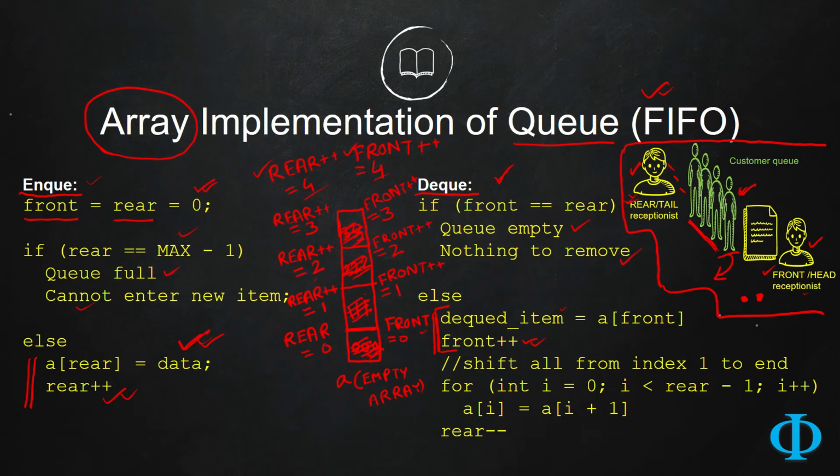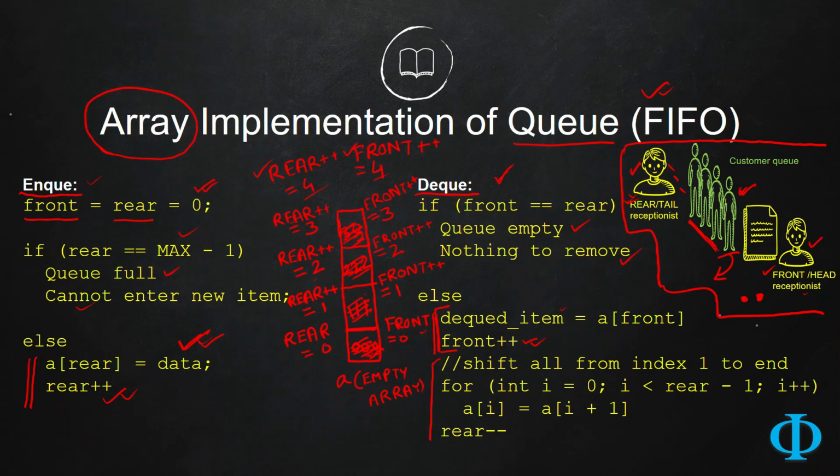However, there is a point of inefficiency when it comes to an array implementation of the queue, of this dequeue operation, which is this part. The inefficiency is this: if you remember the array, you can easily recollect that whenever I want to delete the front element of the array, you have to shift all the other elements in the array by one room.